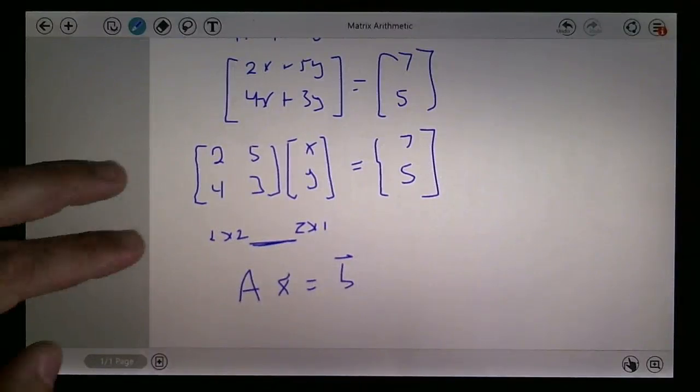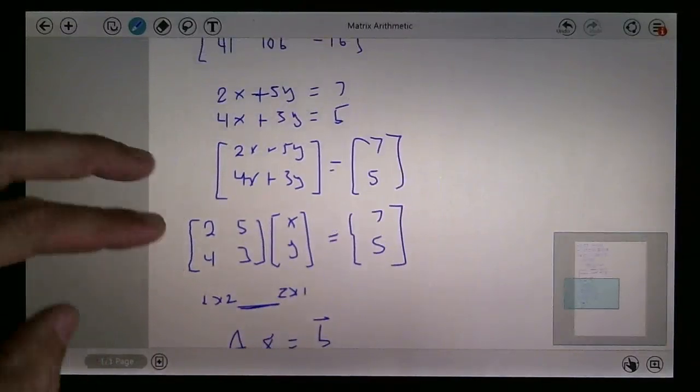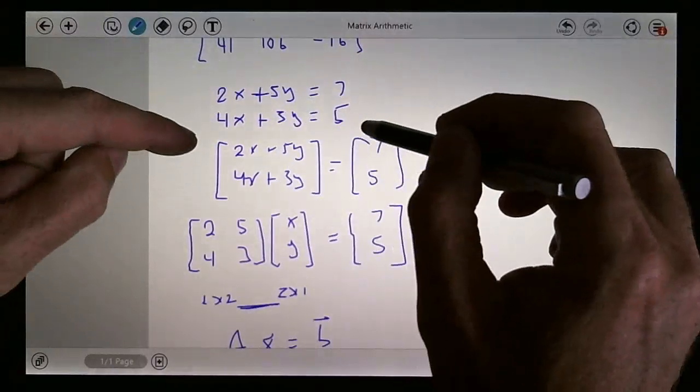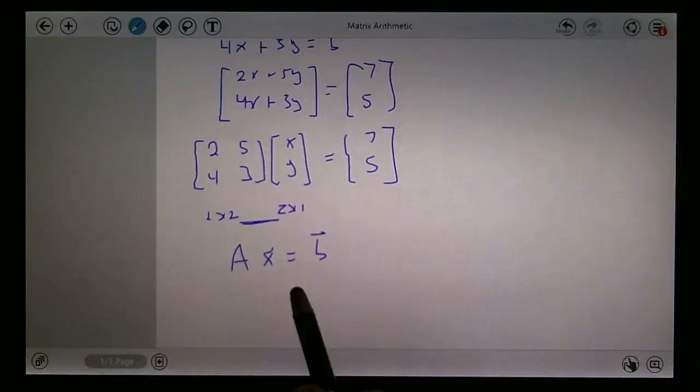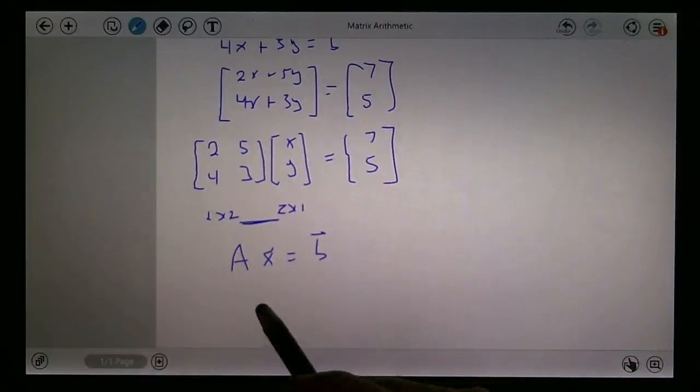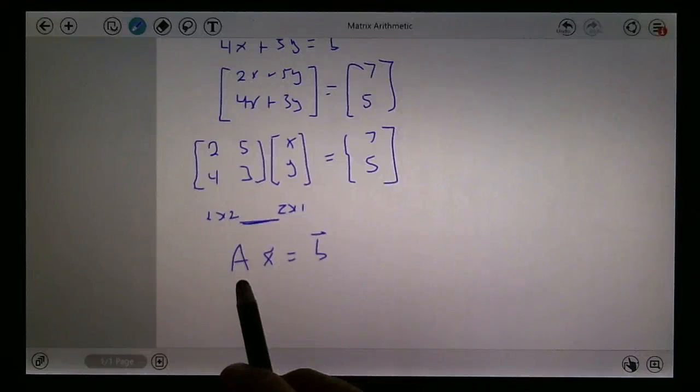So where we used to have a whole system, a whole bunch of equations written down, now we have this simpler thing, which represents maybe something really big. This coefficient matrix in this example was 2 by 2, but if you have 5 equations and 7 variables, then A is going to be a 5 by 7 matrix.